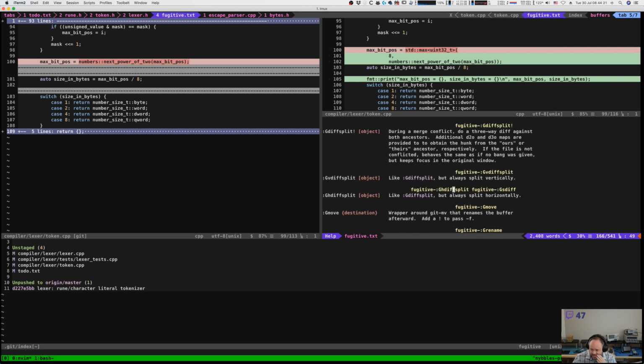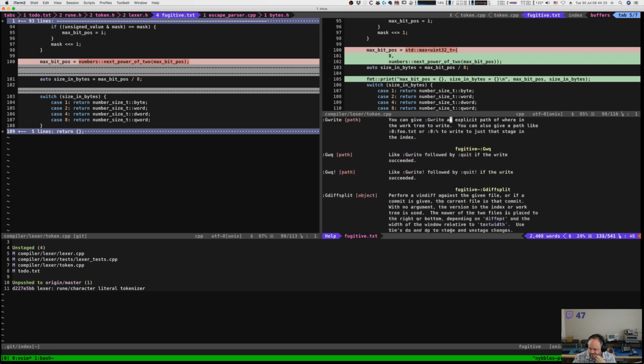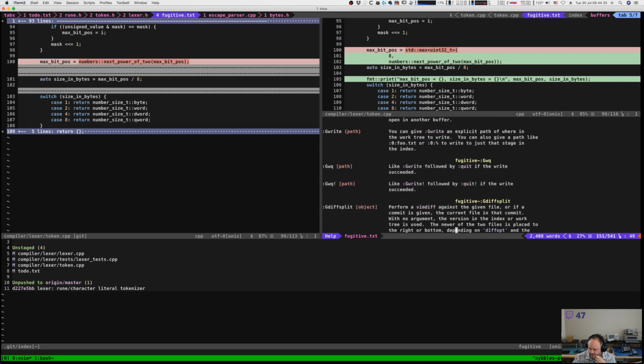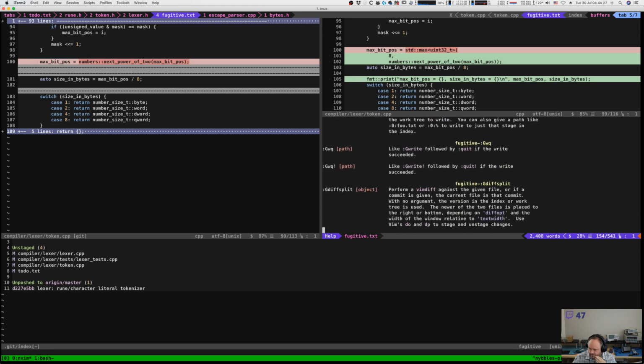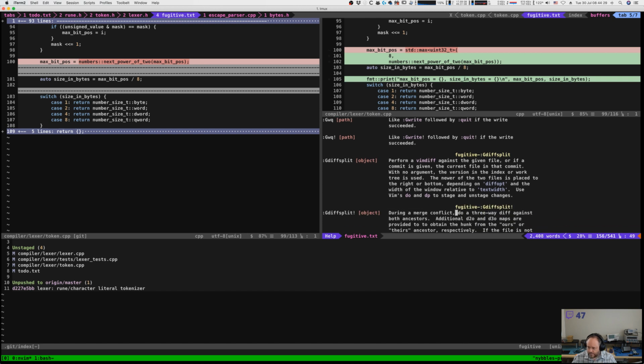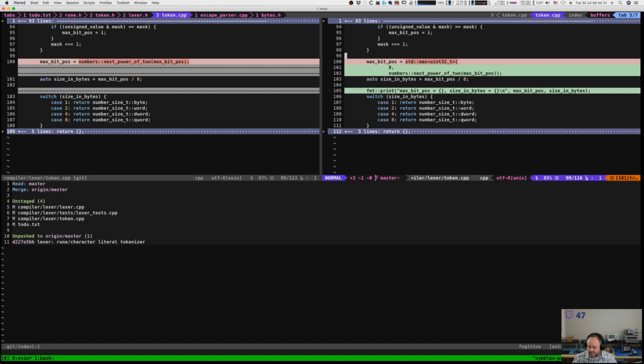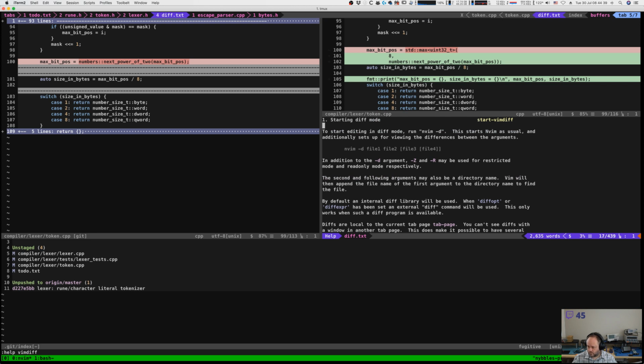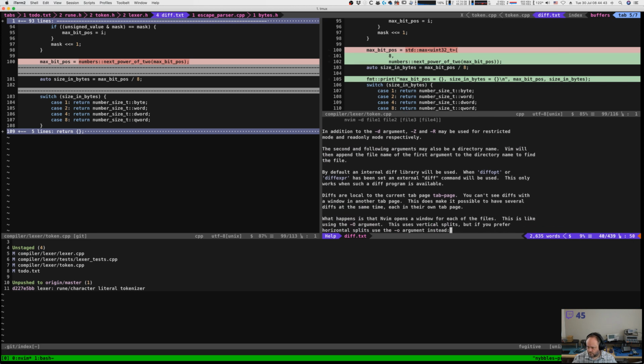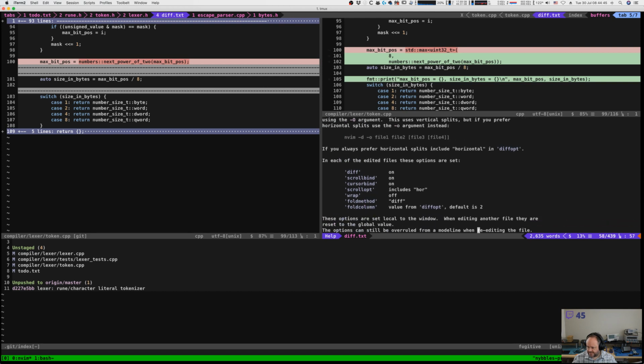Every time I use these diff windows, closing them is always a pain in the ass, and it screws up my tabs.